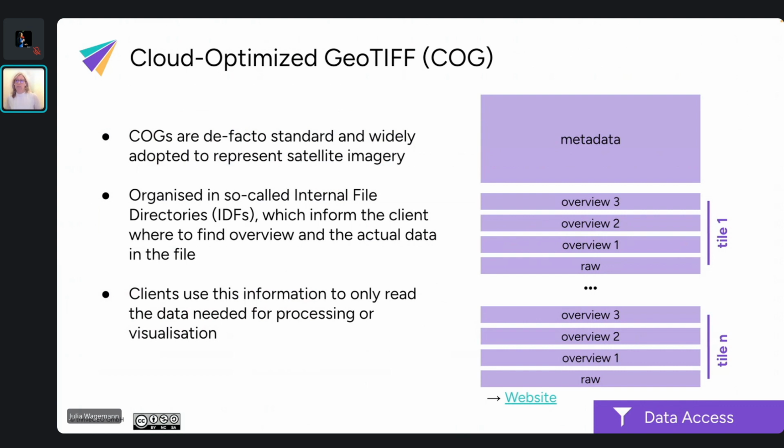So how this looks: on top there is the metadata that describes the data set, and then a cloud optimized GeoTIFF is organized in so-called internal file directories, which inform the HTTP client where to find any overview and also the actual data in the file.